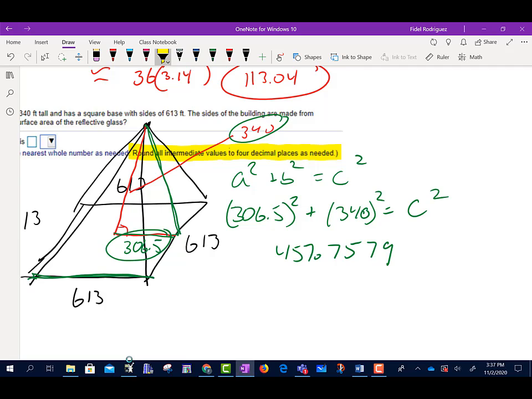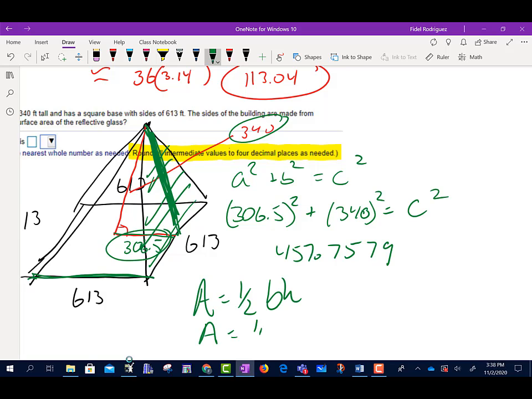So now we know this distance here. I want to find the area of this triangle. The formula is 1/2 base times height. So this is going to be 1/2, the base is 613, times the height, which was 457.7579.